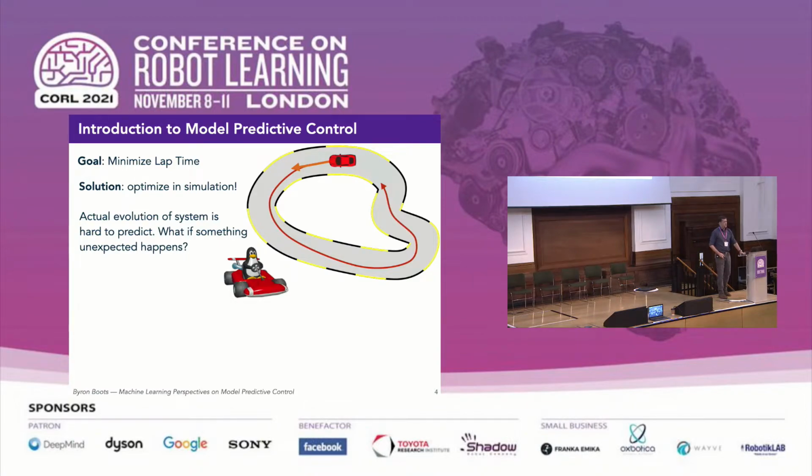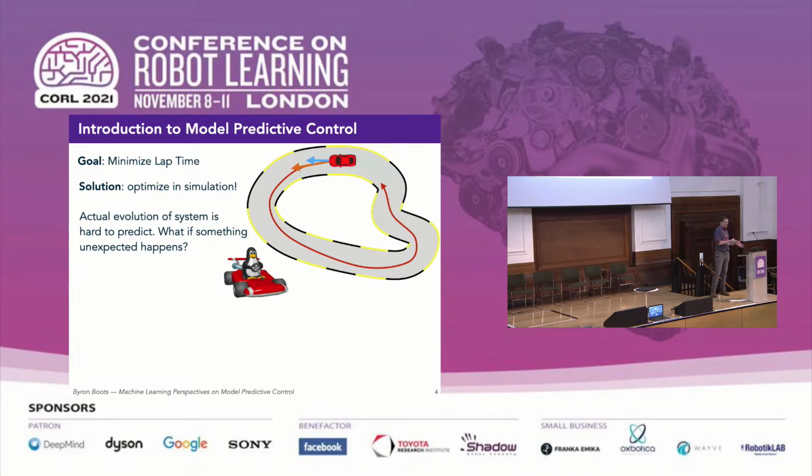However, when I actually execute the command which should achieve that motion, maybe the car actually follows the blue arrow instead. This might be due to something like improperly modeled wheel slip. This is bad because my car has moved off of where I expected it to be, and it means that now the whole rest of my plan is wrong. It assumed that I moved according to the orange arrow when in fact I did not. And this happens all the time in robotics, right?